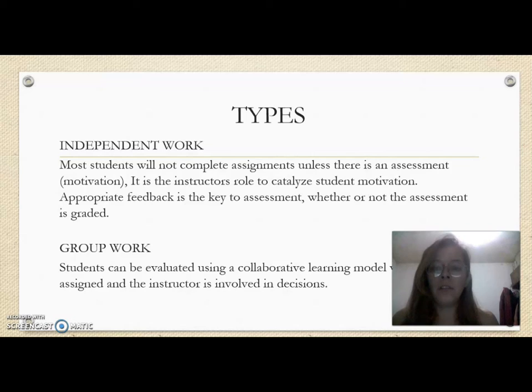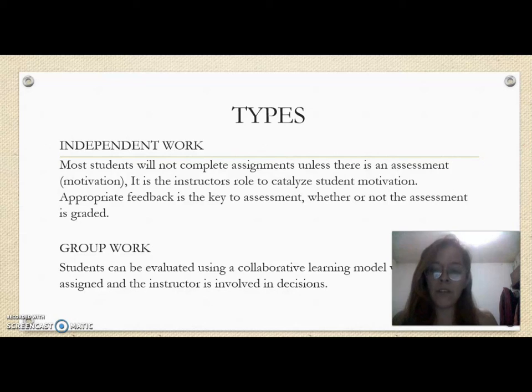So it is the instructor's role to catalyze students' motivation. So it is very important that you encourage your students to work, to learn more. And also, you can provide feedback, which is the key when you are using independent work.